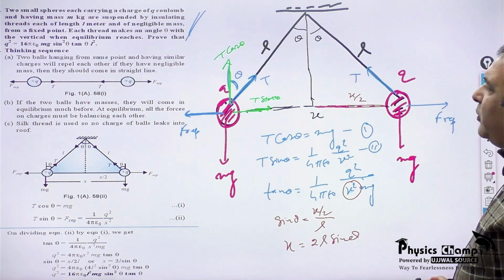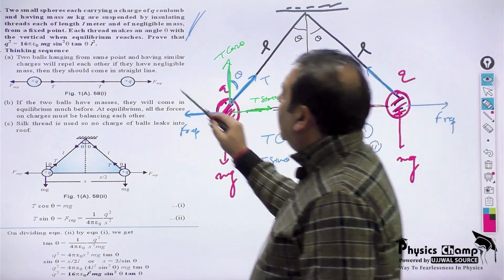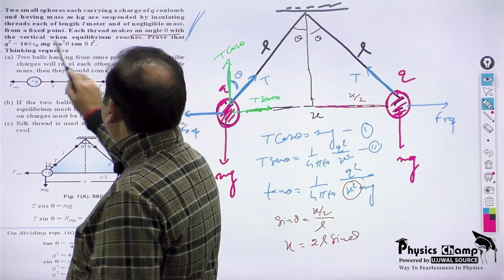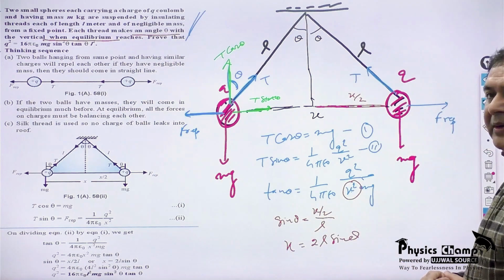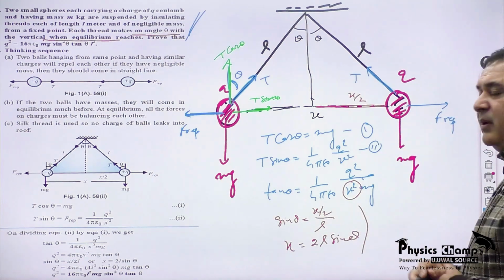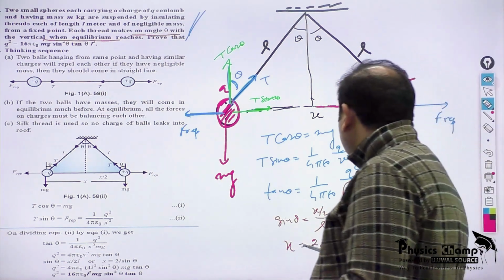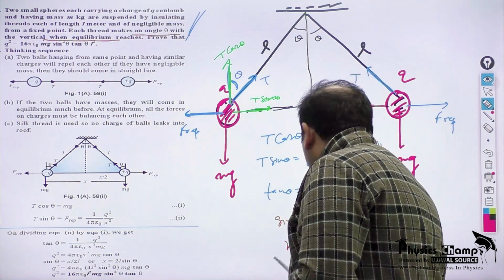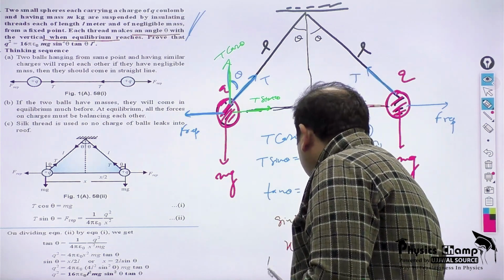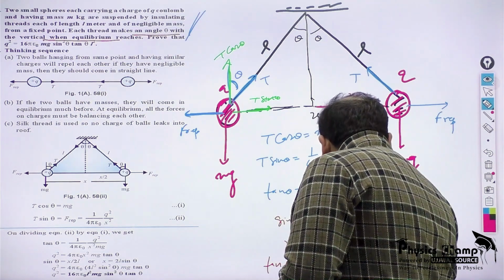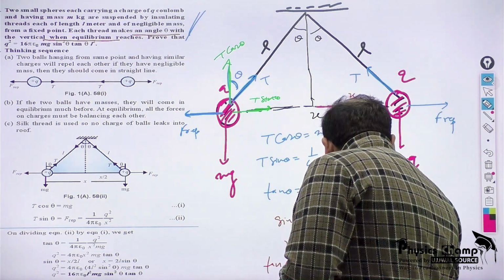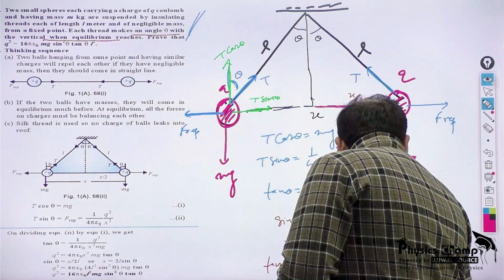Theta is also a variable which is mentioned in the question, where each thread makes an angle theta with the vertical when equilibrium is reached. So I can write everything in terms of theta. Finally, tan theta is 1 by 4 pi epsilon naught q square by 4 L square sine square theta mg.